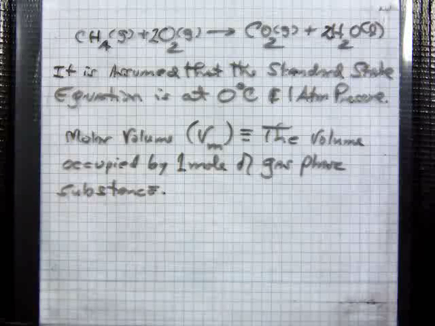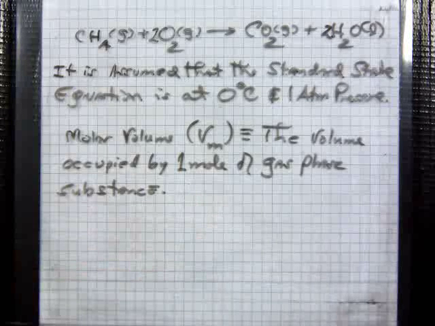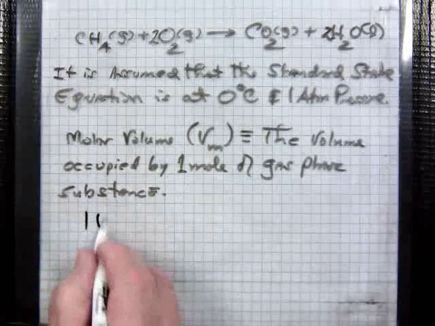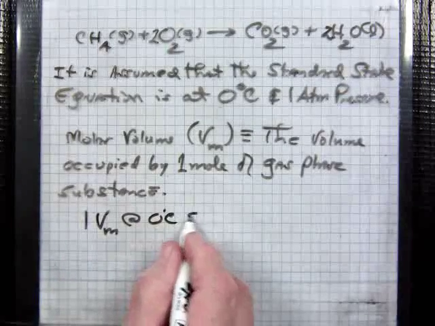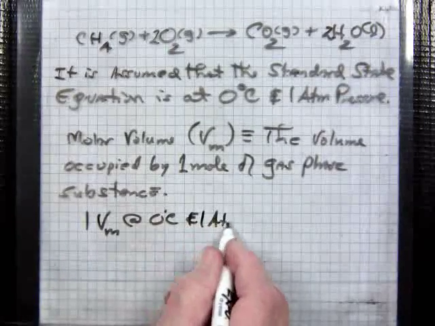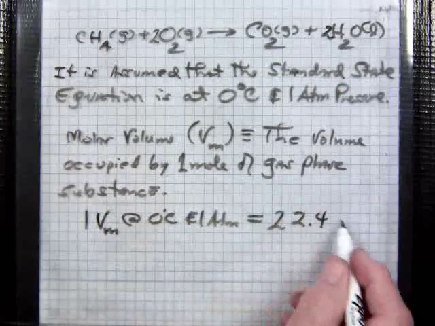It's a spherical object. And the basketball is a size you're pretty familiar with. Well, that's about 1 molar volume at 0 degrees and 1 atmosphere. And that has a value, some of you may know, 22.4 liters. So 1 VM at 0 degrees Celsius and 1 atmosphere is equal to 22.4 liters.